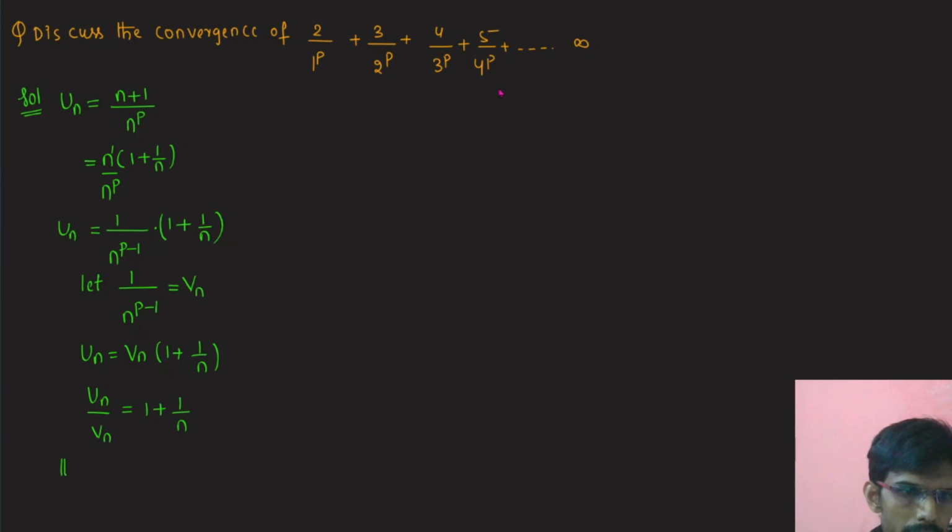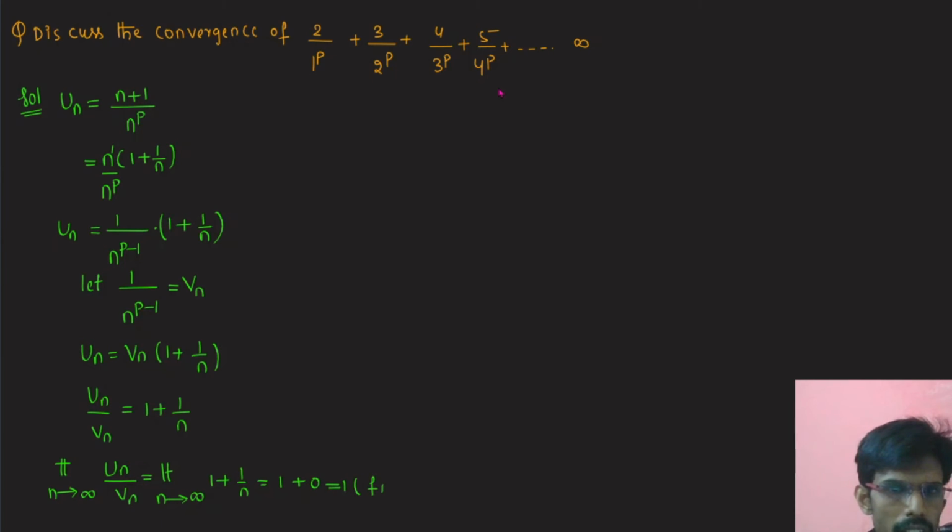Now apply limit n tends to infinity. Limit n tends to infinity un upon vn, the value is limit n tends to infinity 1 plus 1 by n. Limit 1 by n will be 0, so this will become 1.